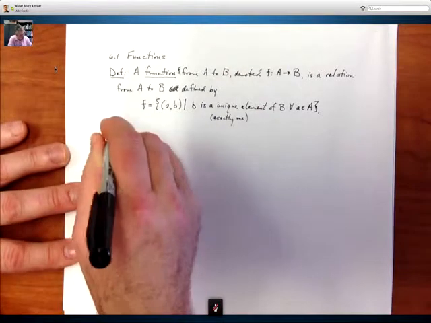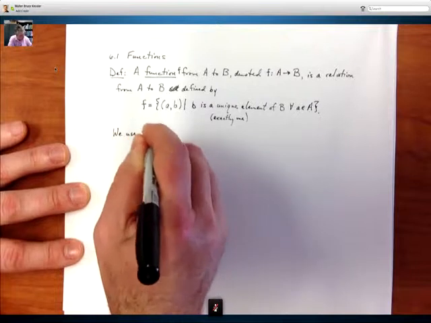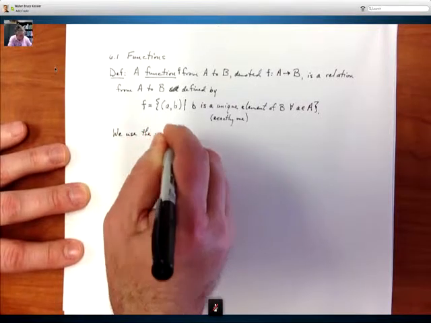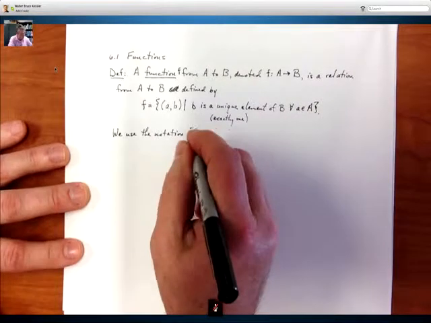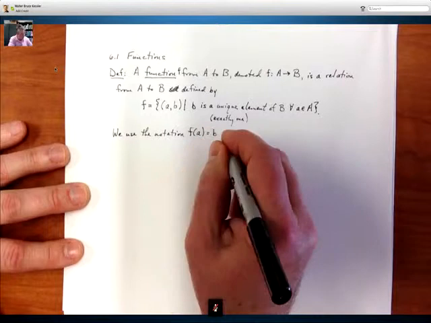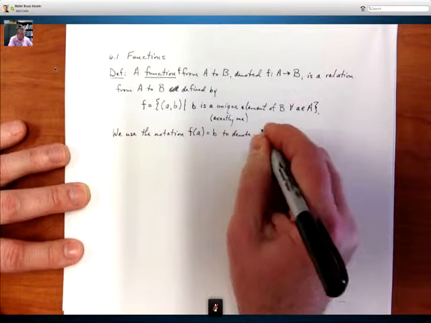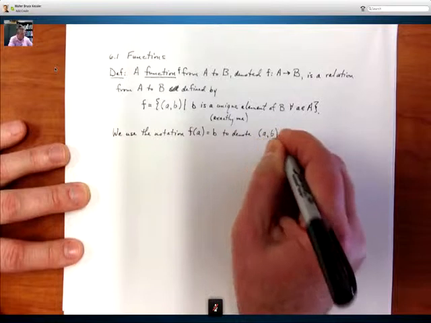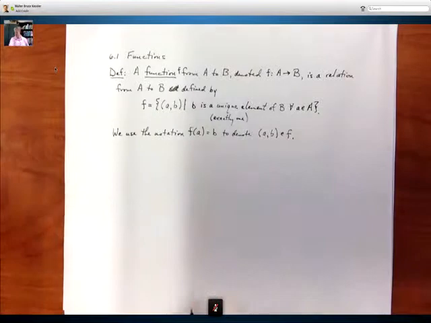We use the notation, and this is called function notation. I'm sure you're used to it. f(a) = b to denote that (a, b) is an element of that function.